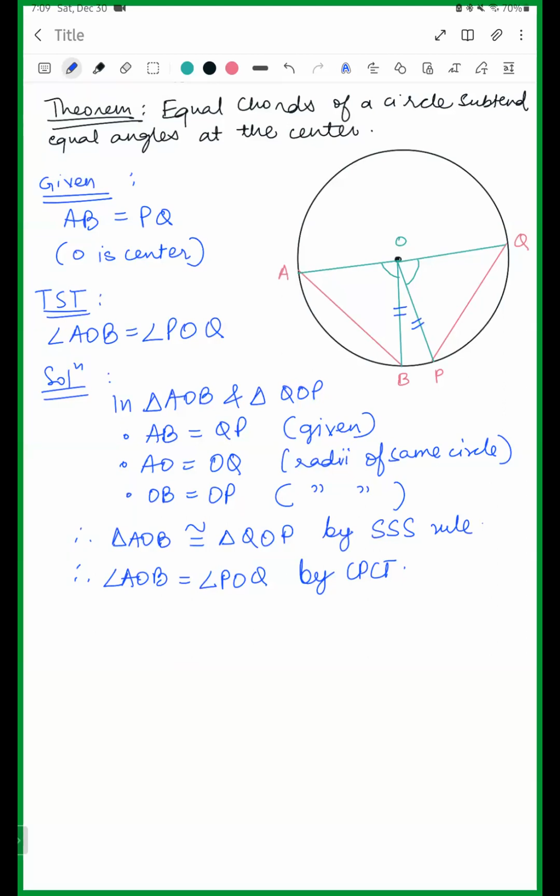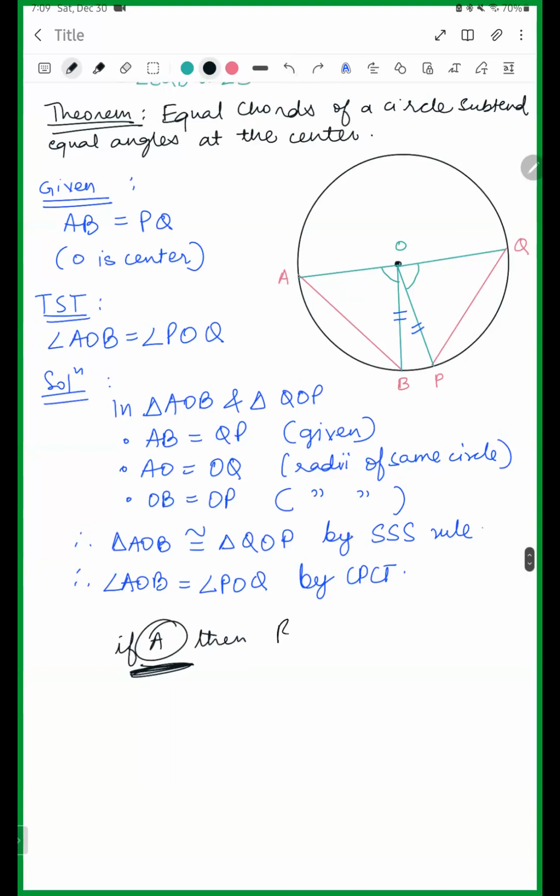Let's prove now the converse of this theorem. Converse means, see, if A then B, where A could be some condition, here the condition was for these two chords to be equal, right?